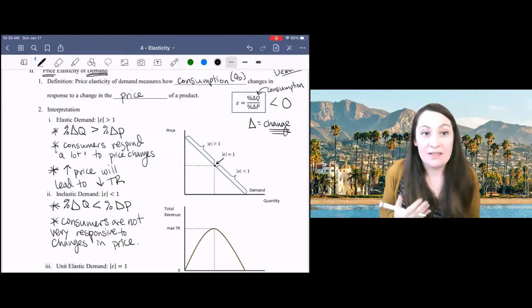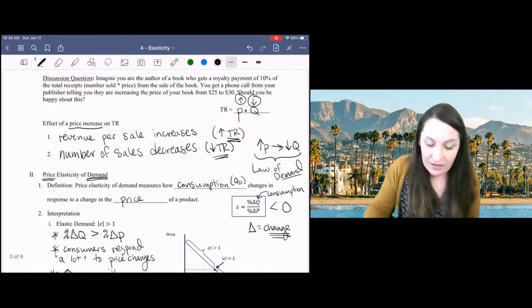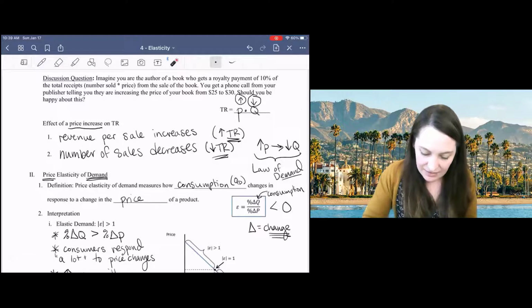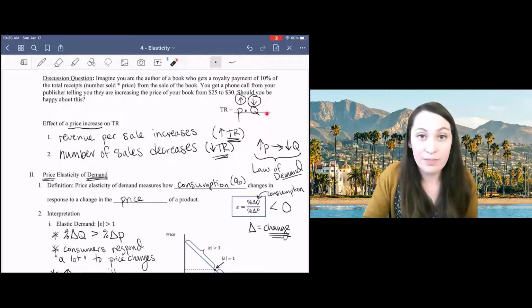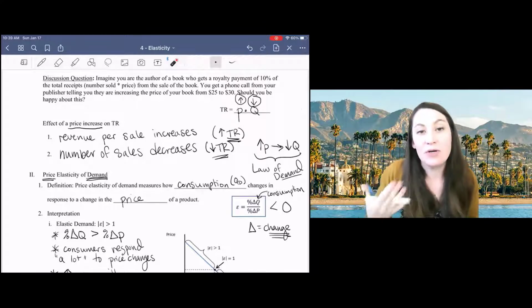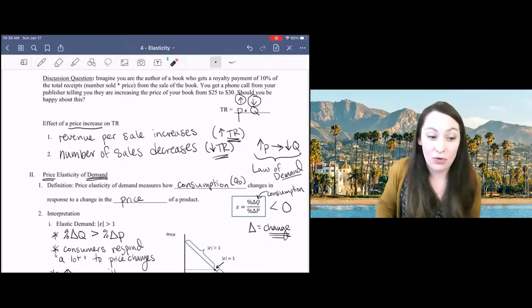And that means that if we have an increase in the price, this decrease in quantity sold is small, leading to an overall increase in total revenue.